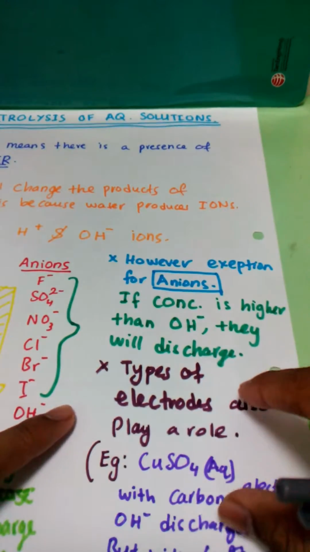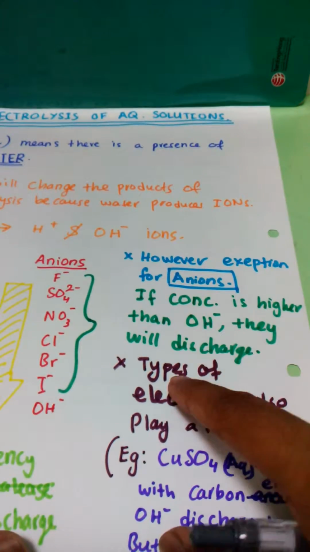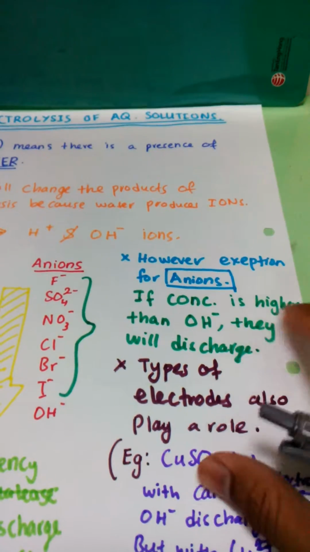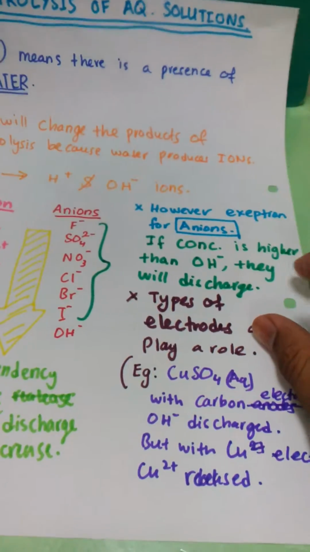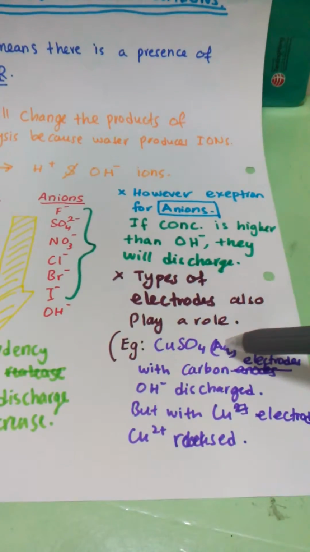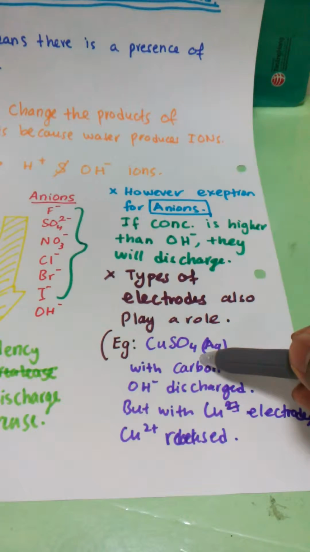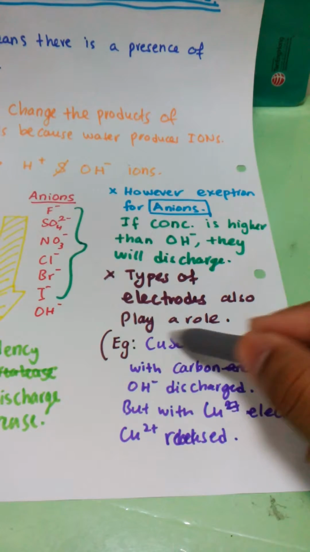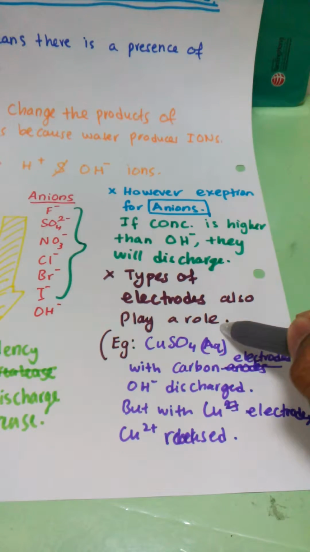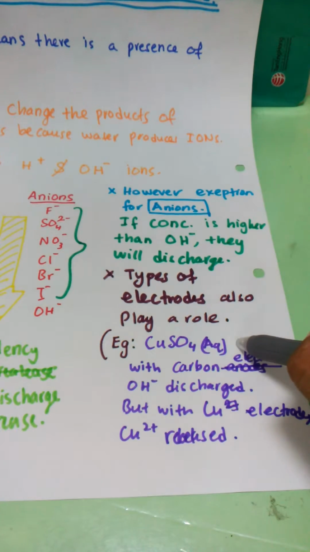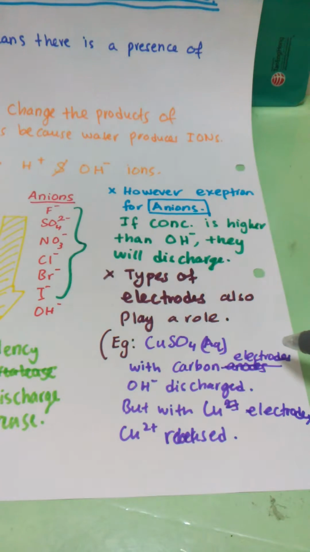The last thing is that the type of electrode also plays a role in the products. Let's take an example here of CuSO4, copper sulfate in aqueous form, so it's with water. We're going to do this electrolysis with carbon electrodes.